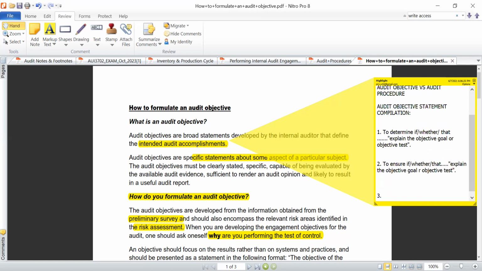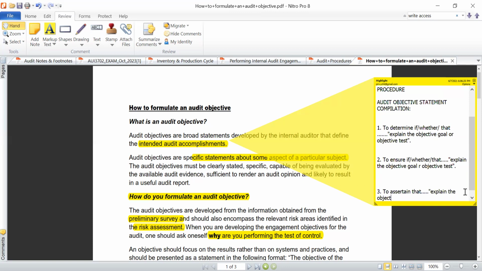I compiled my objective statement by saying to ascertain that, and then I explain the objective goal or the objective test. Full stop.